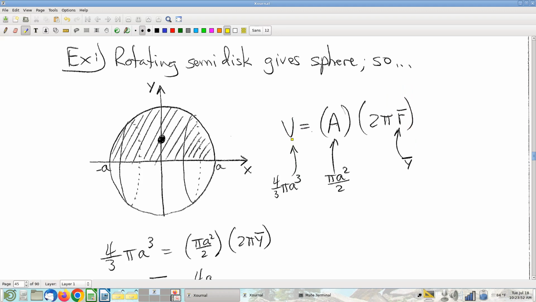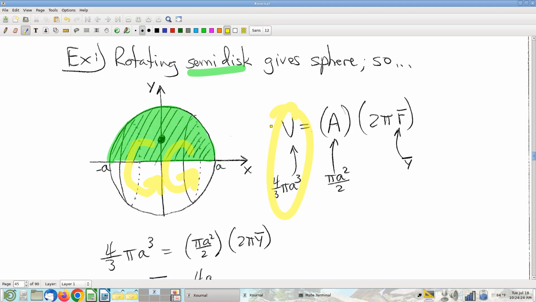So I'm going to make the observation that if we take a semi-disk of radius A, recall we talked about this semi-disk earlier, we went to a bunch of trouble to compute the location of the centroid. Right? If I take that semi-disk and if I then rotate that around, that's going to generate a sphere of radius A, and I know the formula for the volume of a sphere.